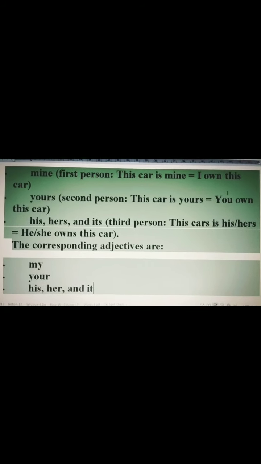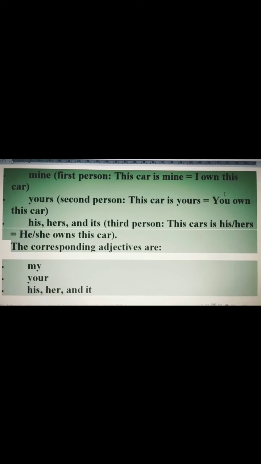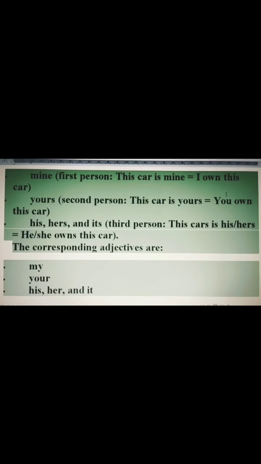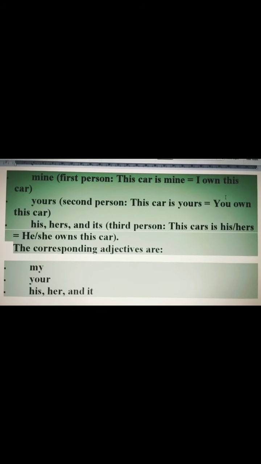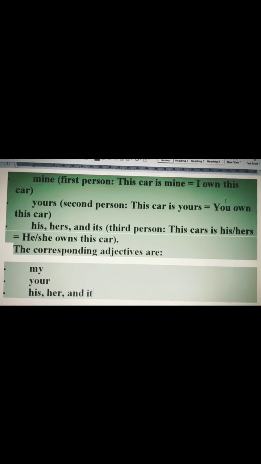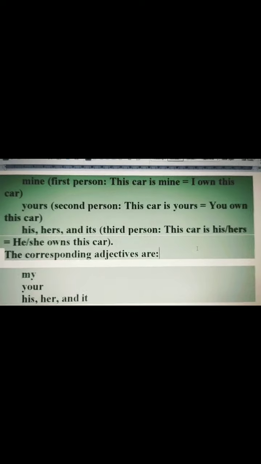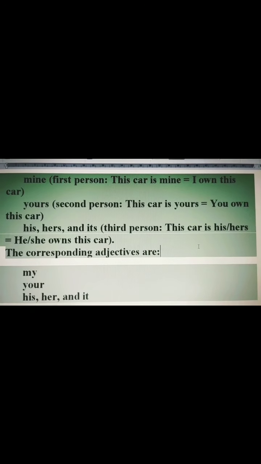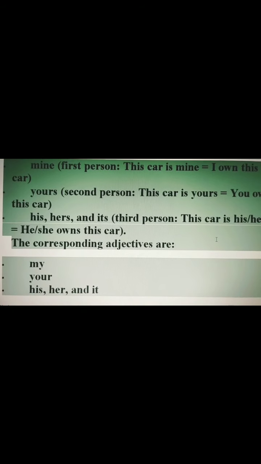Next one, you can use it as his, her and its. So that will be taken as the third person. And "this car is his or her." What is the meaning of that?